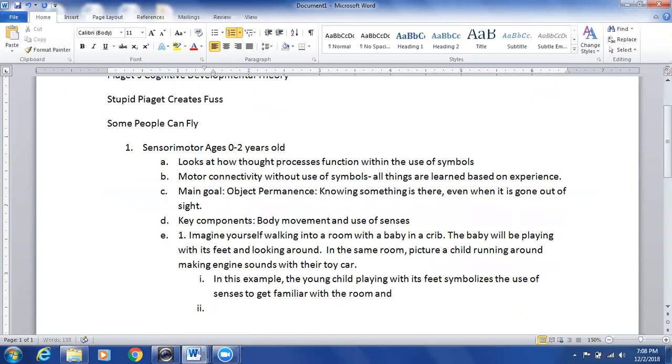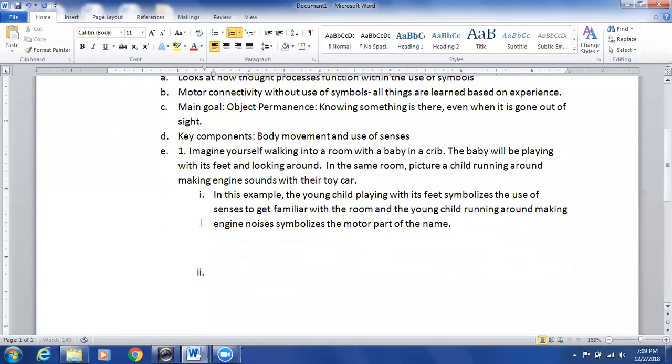And the young child running around making engine noises symbolizes the motor part of the name. So sensory motor. The young child playing with its feet symbolizes the use of senses to get acquainted to the room, and the other one is looking at the motor part of it.